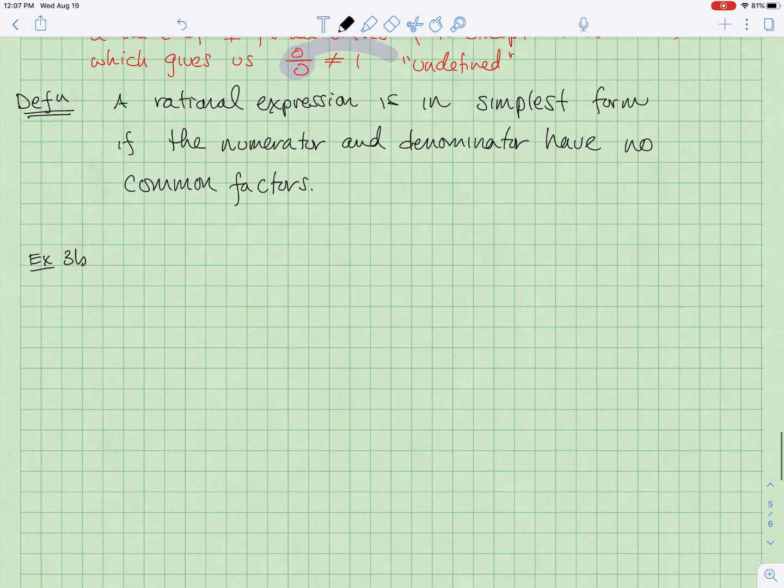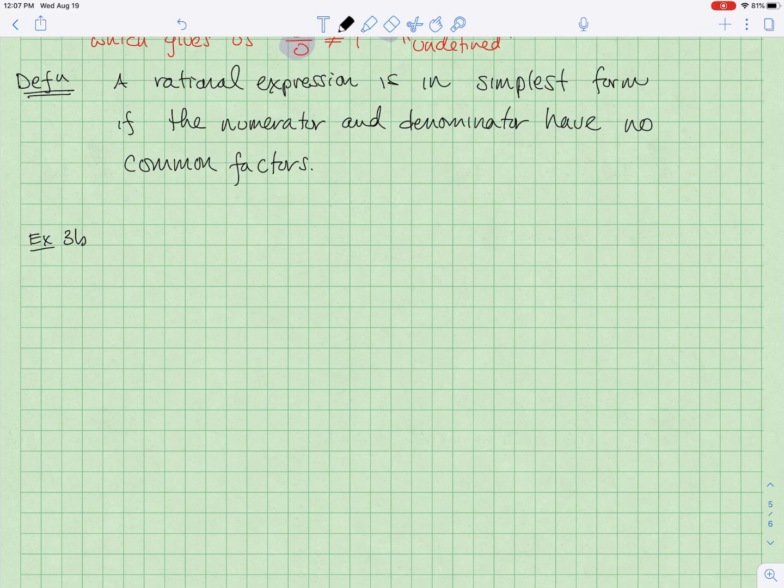Example 3b. Same directions. State the domain restriction and rewrite the expression in simplest form, or reduce it, and it will have x plus 5 over x squared minus 25. The solution looks something like this.